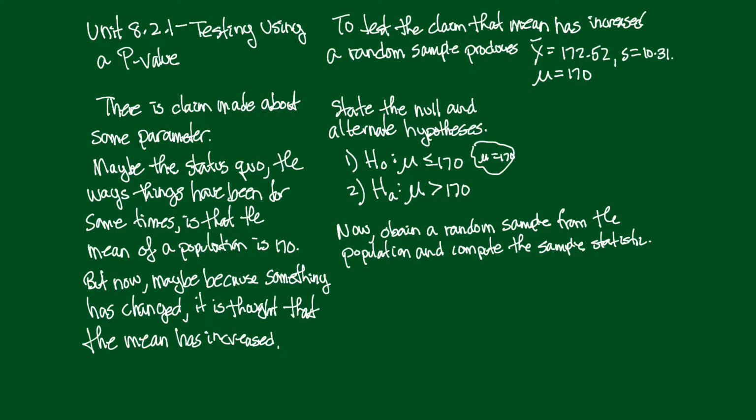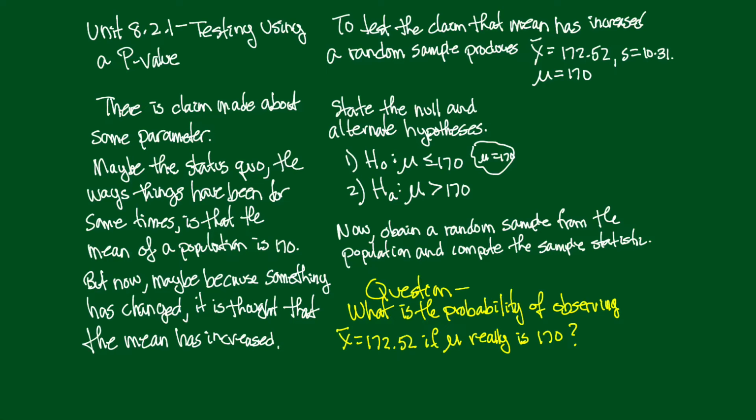Now next up is we're going to obtain a random sample from the population and compute the corresponding sample statistic. So what we're testing up here is a mean, so we're going to compute the corresponding statistic, which will be X bar. Now if we were testing a proportion, we would be computing P hat.